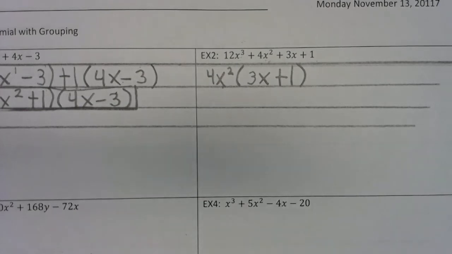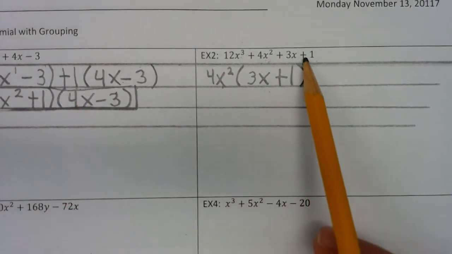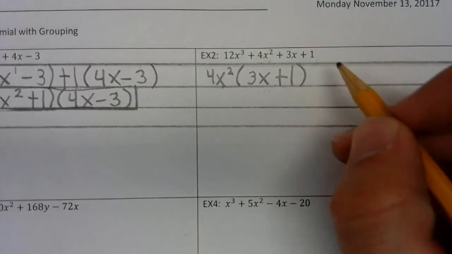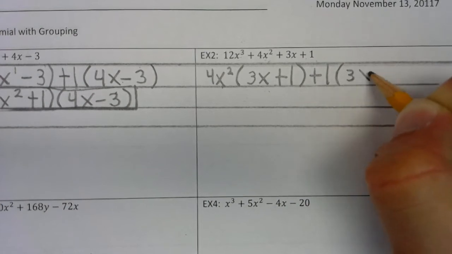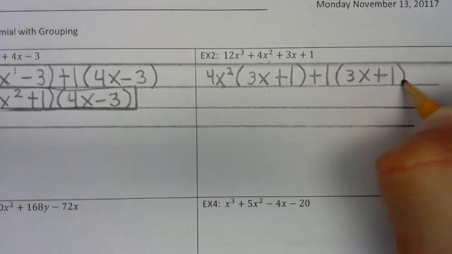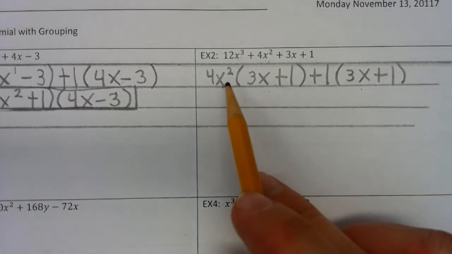Now, just like example 1, we want the same here, and you notice that we already have that, so we can just factor out a plus 1, and we'll have 3x plus 1. Since these are the same, we know it's factored by grouping, and so we're going to now put the 4x squared and the 1 together.